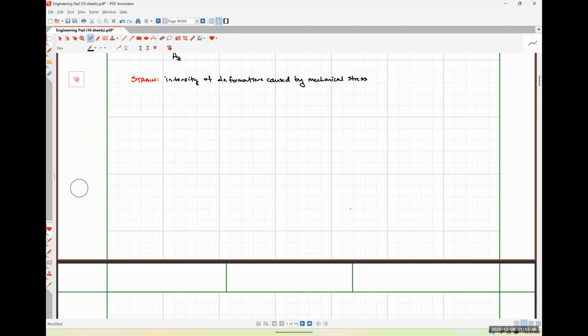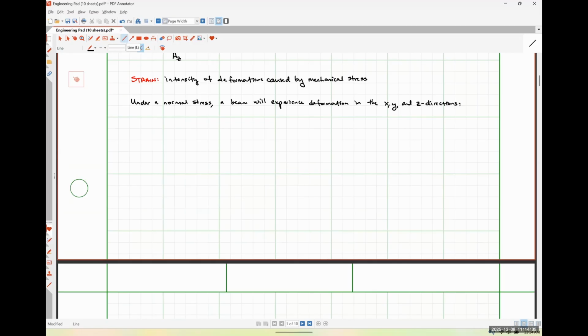So under a normal stress, a beam will experience deformation in the x, y, and z directions. So again, drawing a little picture here.